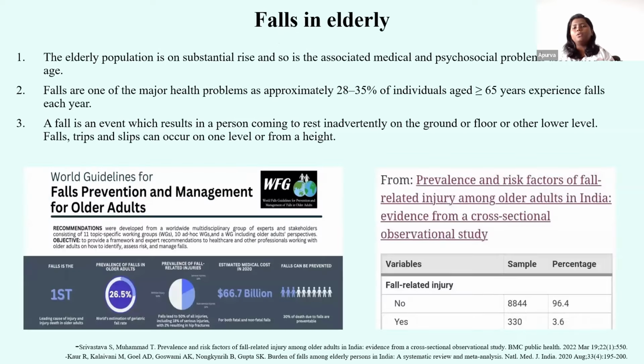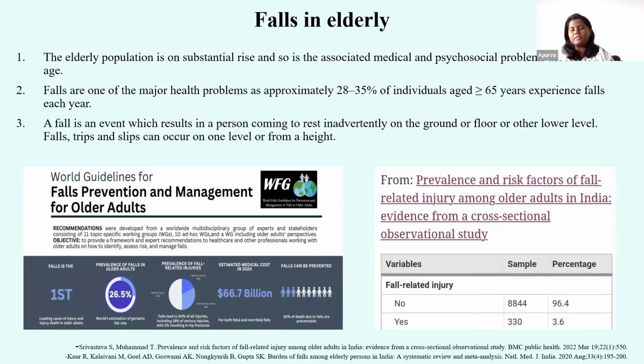So what we all know is that a fall is defined as when a person comes to rest inadvertently on the ground or on the floor or any other lower surface. It can also be termed as a trip or a slip. What we also know is that the elderly population is on a constant rise, and so are the associated medical problems that our geriatric individuals face.